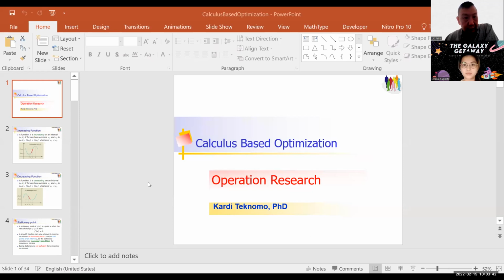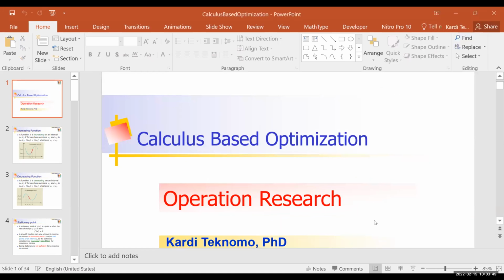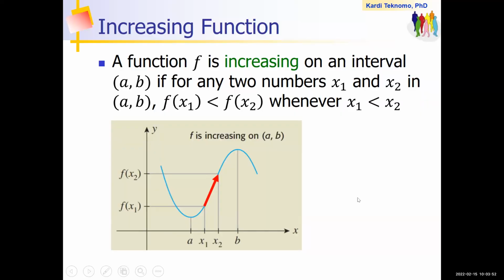Can you see it? Yes. Okay, great. As a background, if a function is increasing on a certain interval, so if we have two numbers, for example x1 and x2, in that interval a, b, the function of x1 is less than the function of x2.